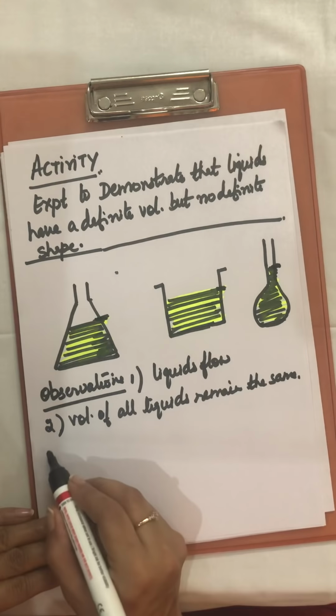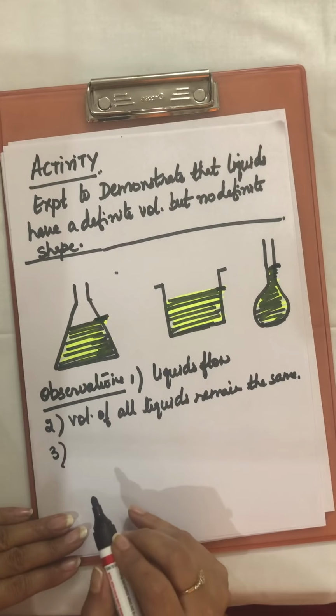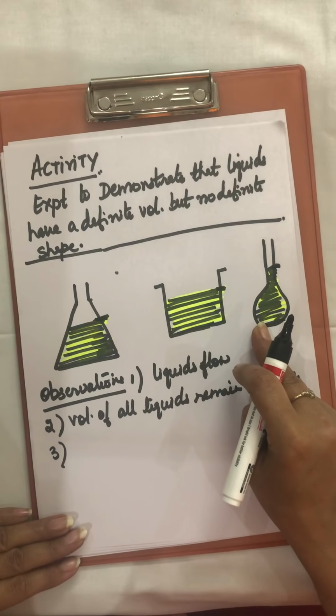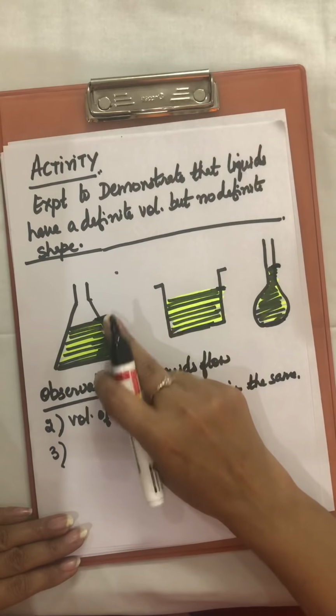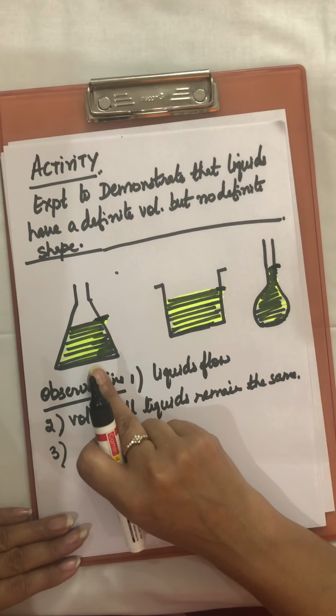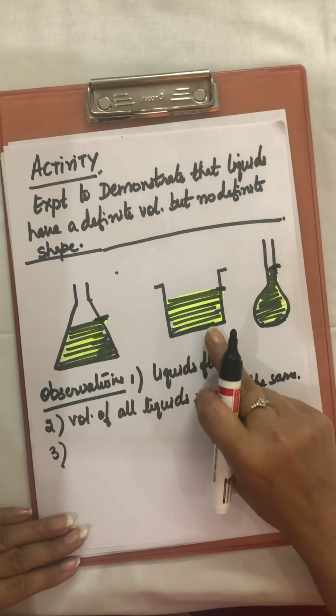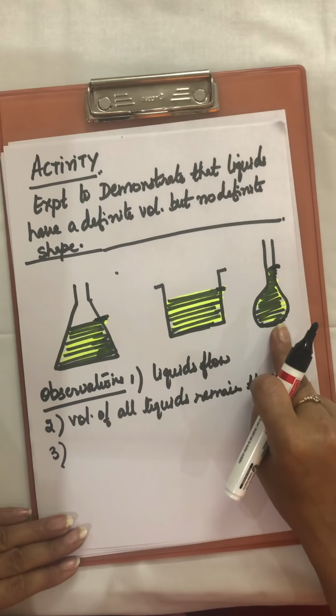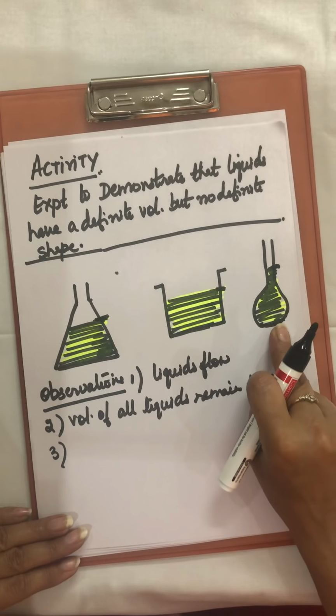Third observation: all liquids take up the shape of the container in which they are put. Here the liquid will take the shape of this conical flask. Here the liquid will take the shape of the beaker, and in this case the liquid is taking the shape of the measuring flask.